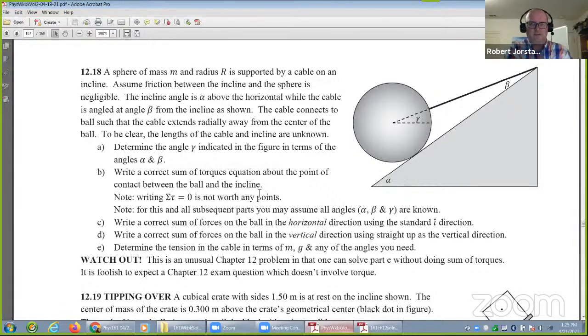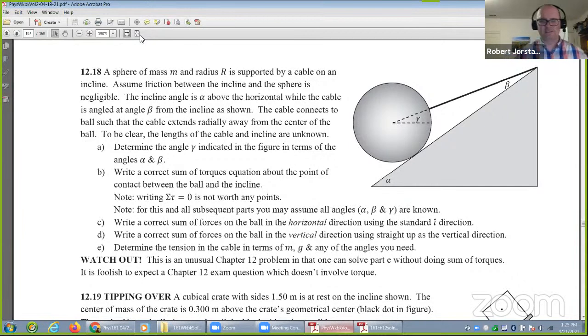You've got this sphere, you've got a cable. The angle is alpha above the horizontal. Oh, the incline is angled alpha, whereas the string is angled beta. Oh boy. And the cable goes radial away from the center.